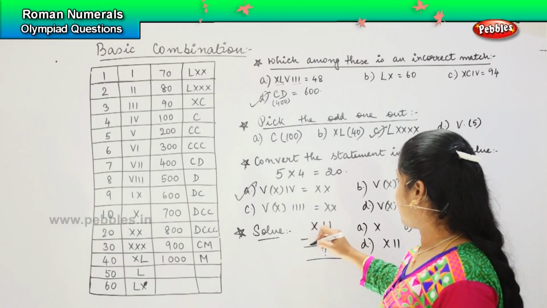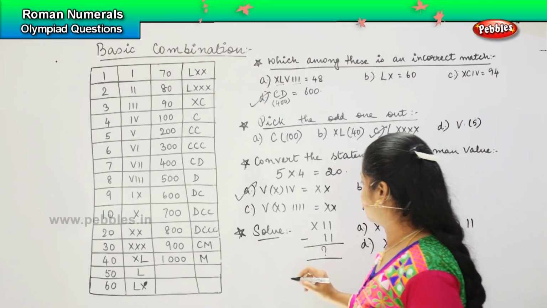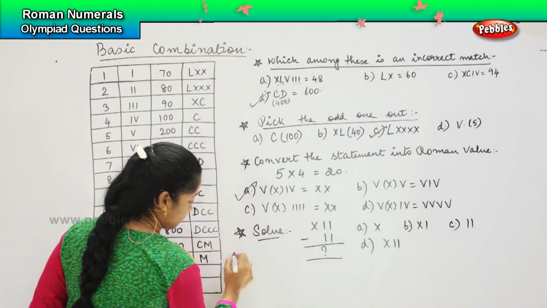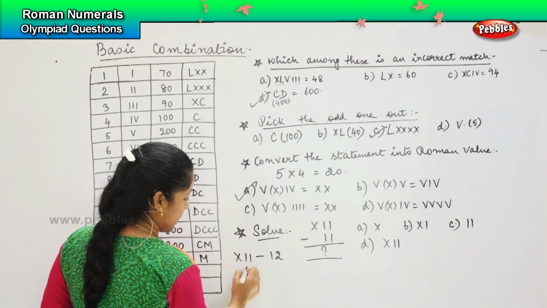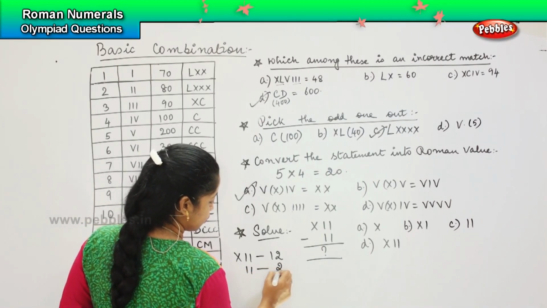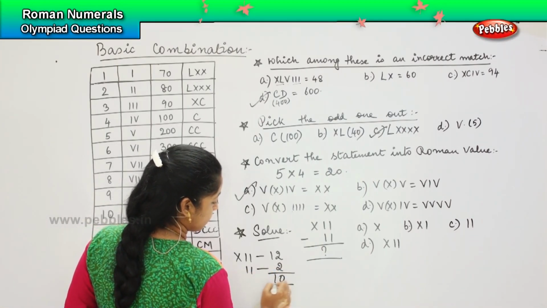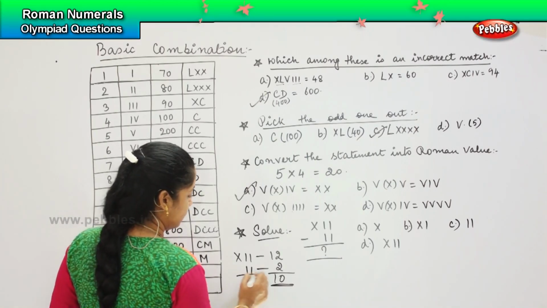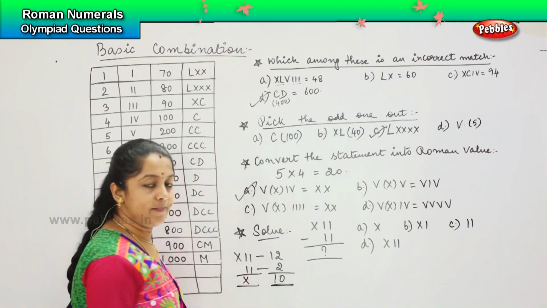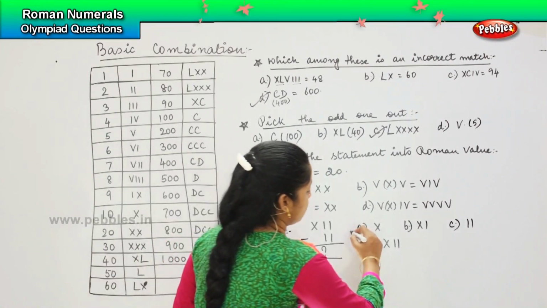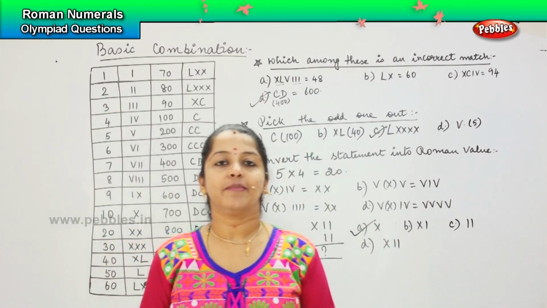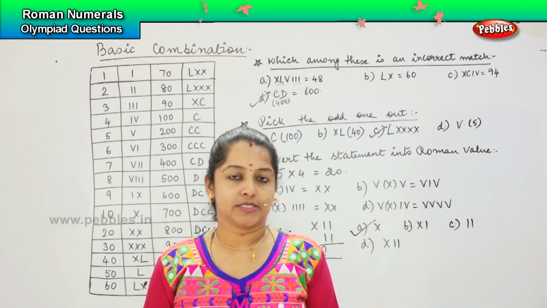So XII, which is nothing but 12, and II is nothing but 2. So 12 minus 2 is how much? 10, right? So which means here it should be X. And where can you find it, children? Very good.